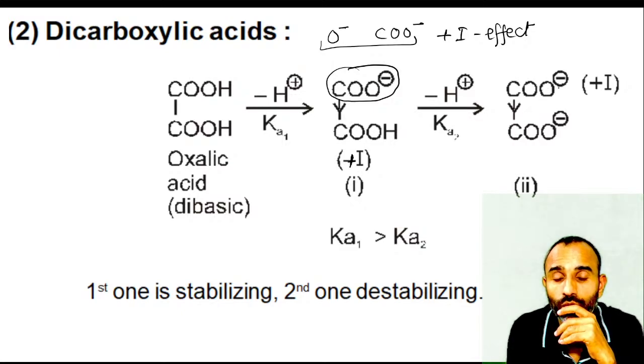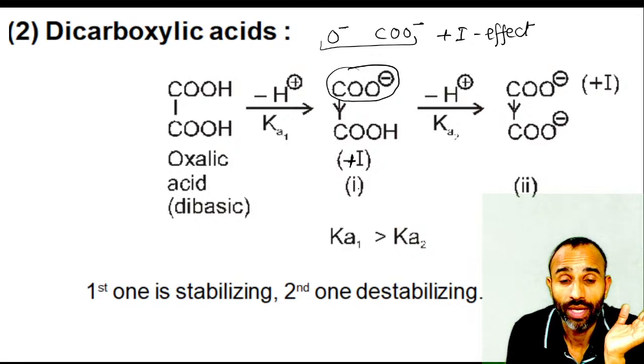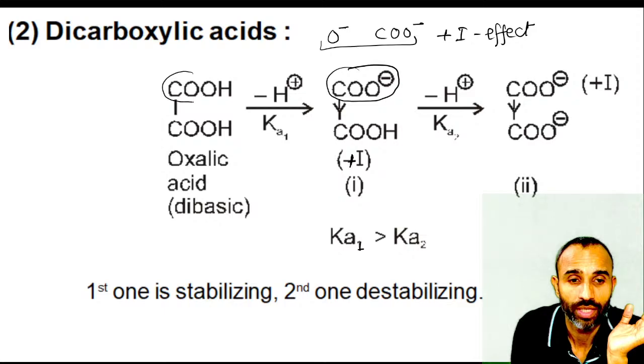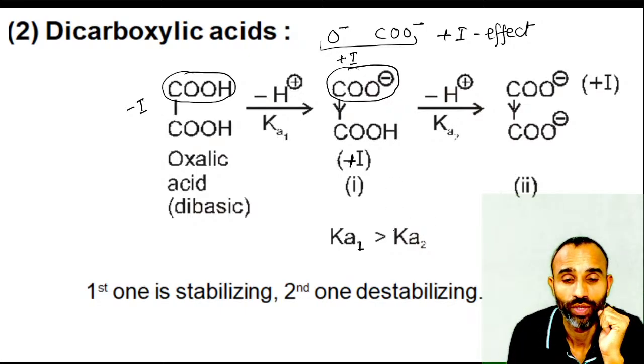And when both are COO negative, so Ka1 is greater than Ka2. Here it has minus I effect, right? Here it has plus I effect, and that's why Ka1 is always greater than Ka2.